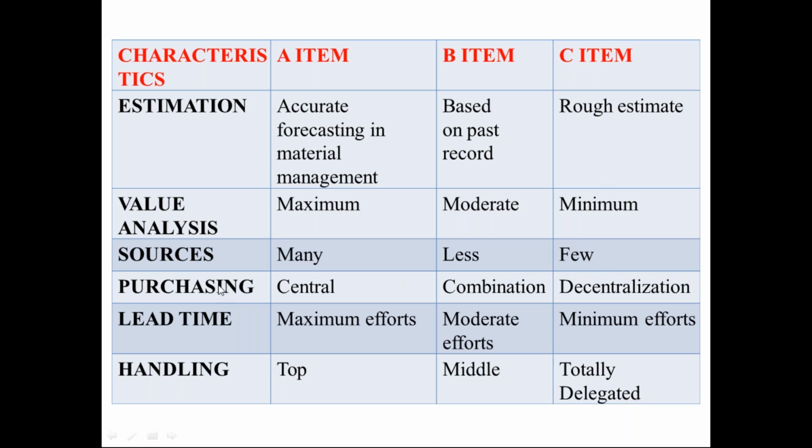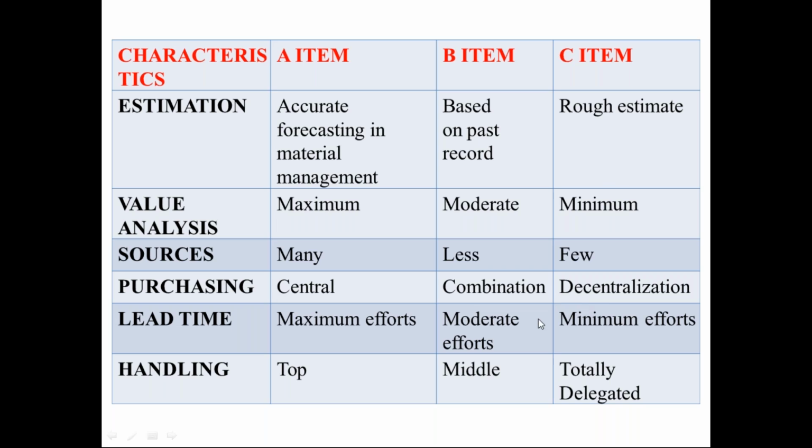Now, the purchasing for A item is centralized. A central group is doing the purchasing for A item. For B item, a combination of central and other people is being used, and for C item, decentralization can also be done.